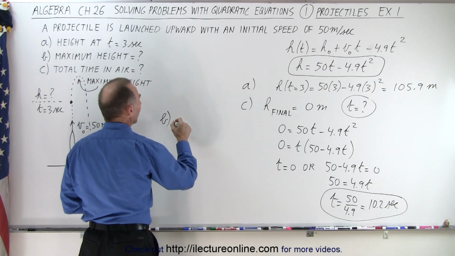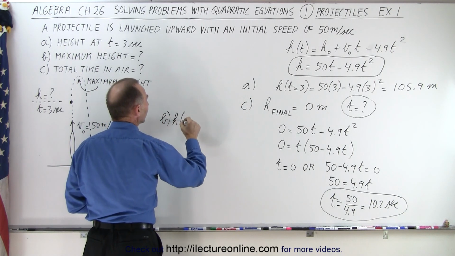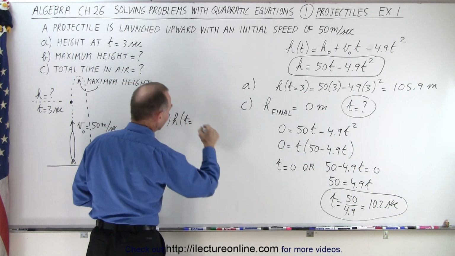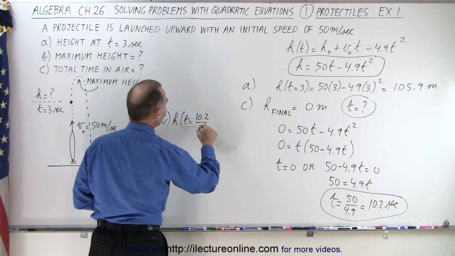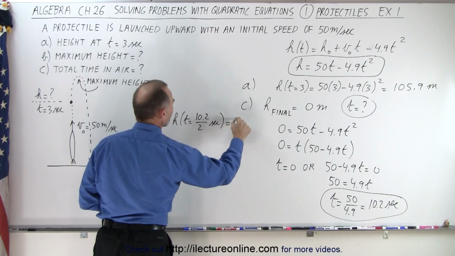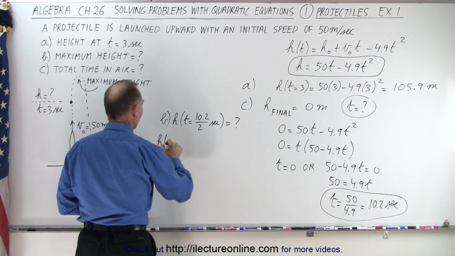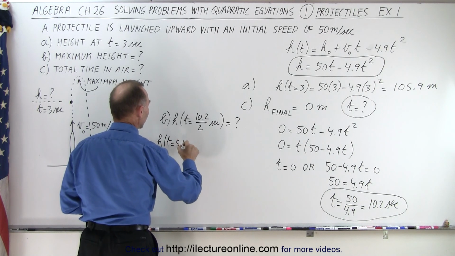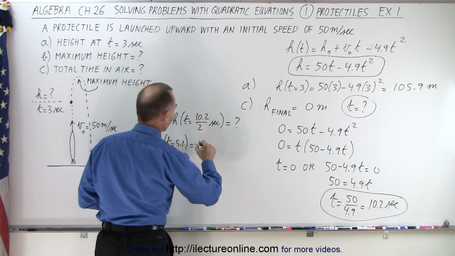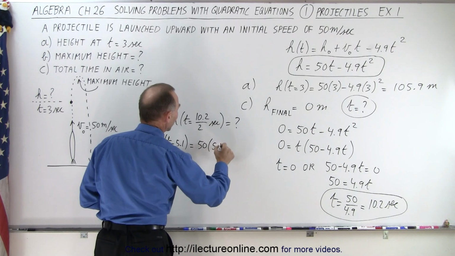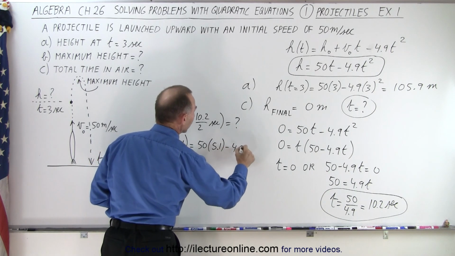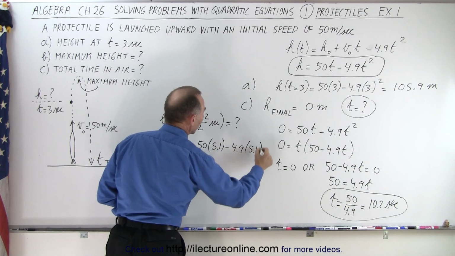the maximum height, we're going to find the height when time is equal to half that time, 10.2 divided by 2 seconds. And of course, that's 5.1 seconds. So height when t equals 5.1 is equal to 50 times 5.1 minus 4.9 times 5.1 quantity squared.